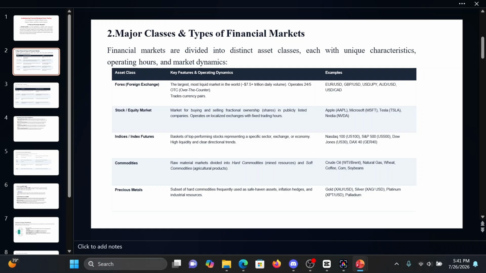Like gold, we see gold always pushing higher. So as other people are going to Congo in Africa to look for gold, to kill each other for gold, other people are literally making money off gold by trading it within the financial markets. So that is it about the major classes and types of financial markets.